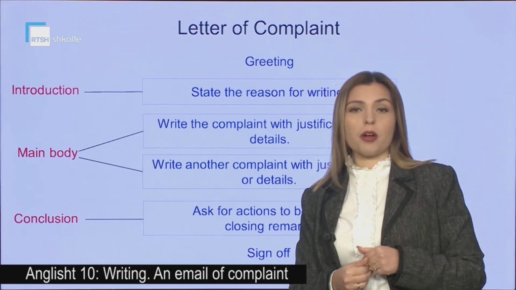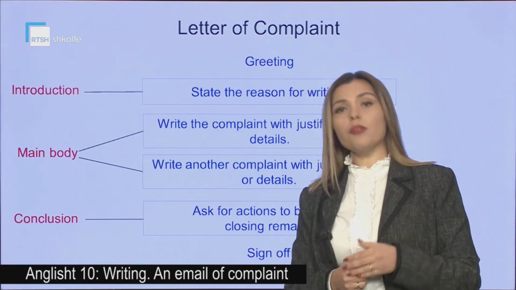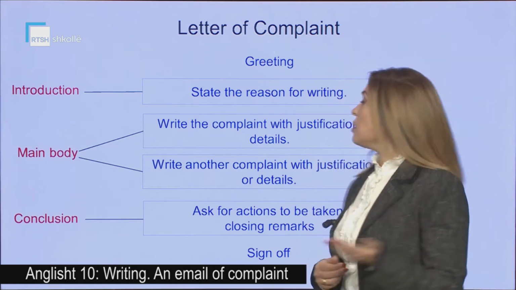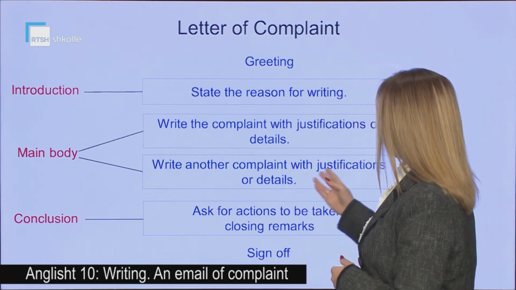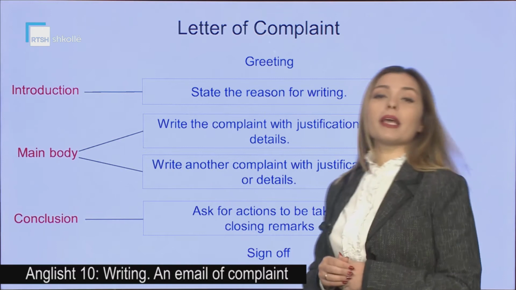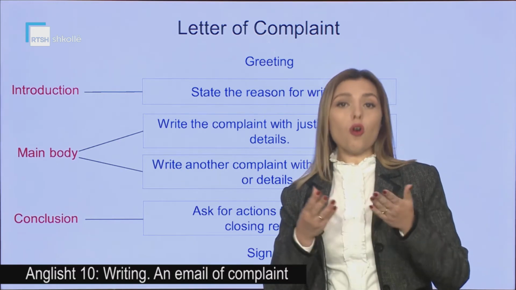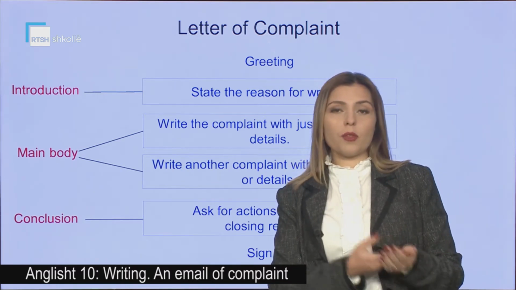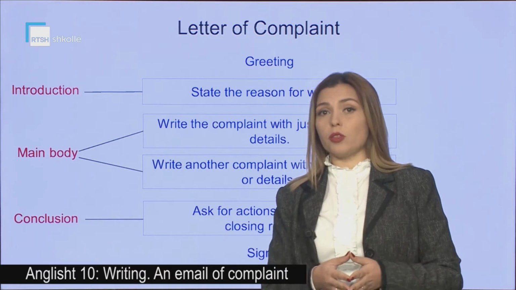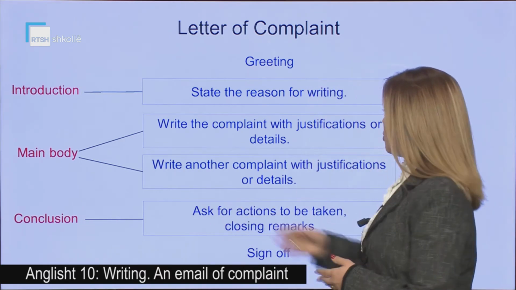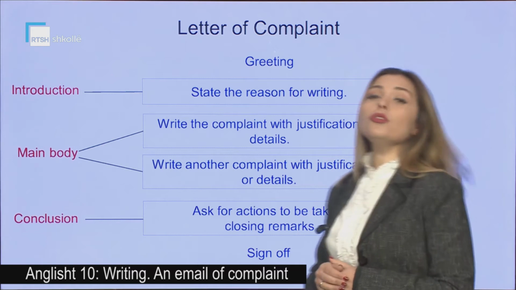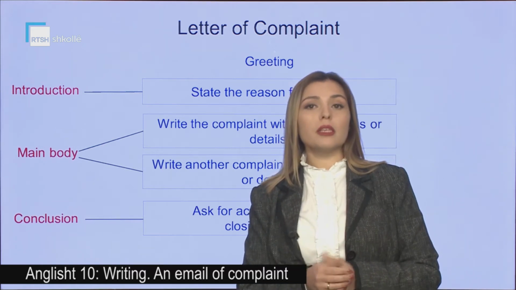That was the second paragraph. In the third paragraph, we continue with the second complaint and justification by giving some details of what we didn't like or what we weren't satisfied with. We continue with the conclusion. What do we want from them to be done?